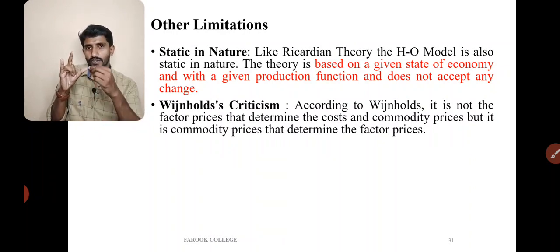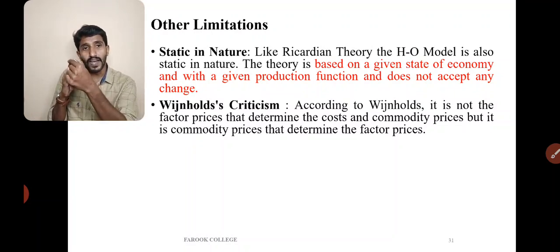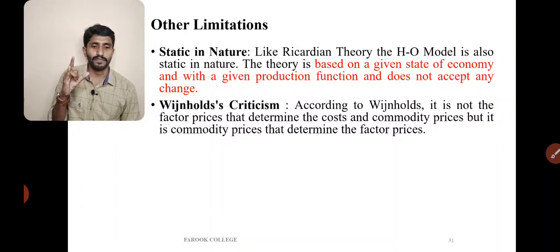So the starting point is from cost to the prices of commodities, but Wijnholds says that it is not from the cost or the factor prices to the commodities, but it is reverse. The commodity prices determine the factor prices.